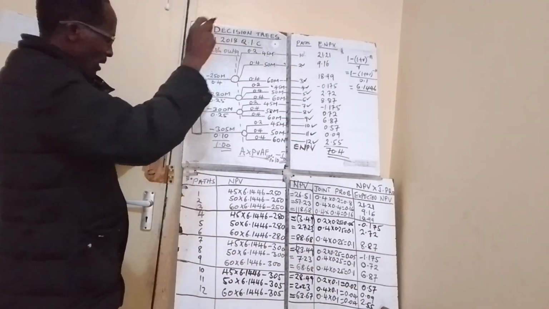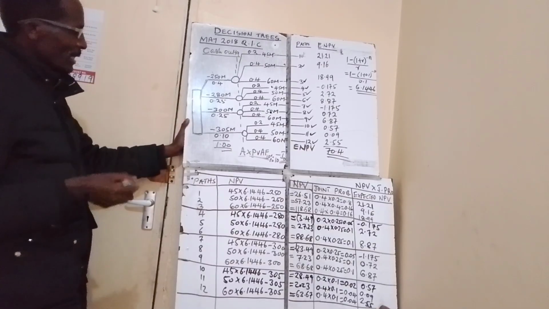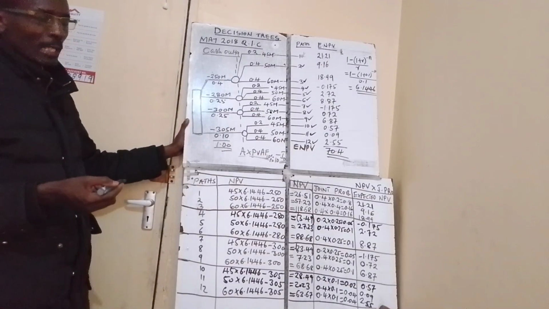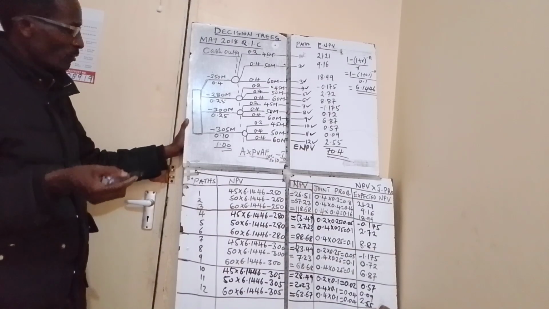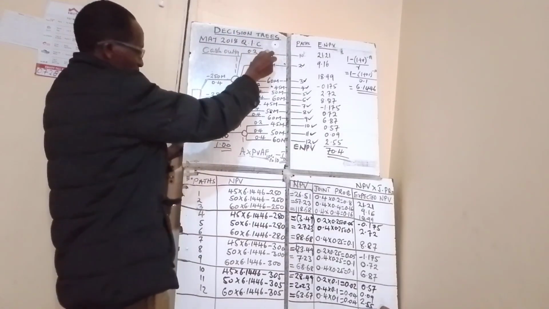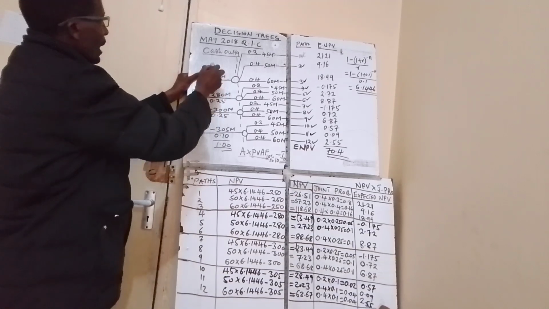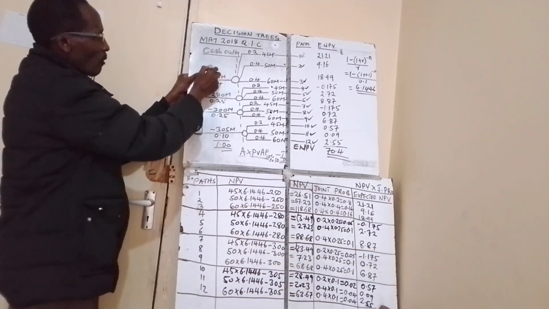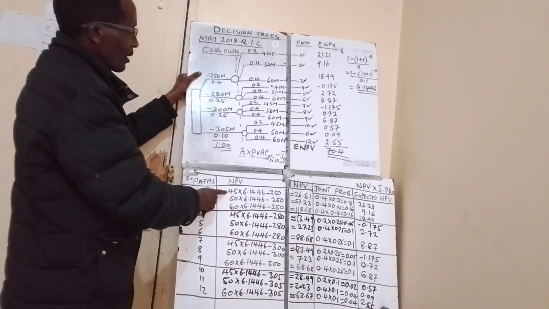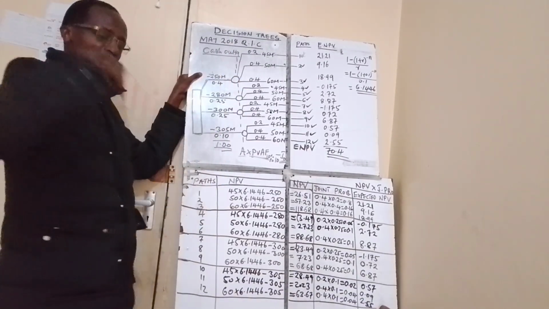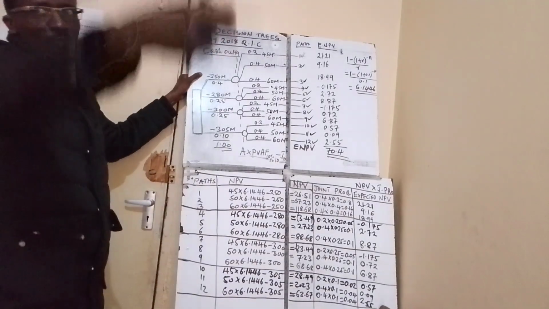Part 1. 45, which is here, times present value annuity factor. That means 10%, 10 years is 6.1446. So 45 million times 6.1446 minus initial capital outlay. The initial capital outlay for part 1 is 250 million. You minus that. This 45 is generated for 10 years: 45, 45, 45, 45, 45 for 10 years.